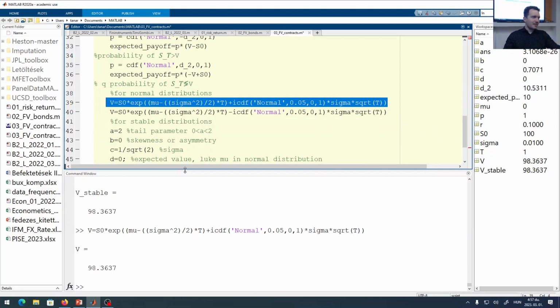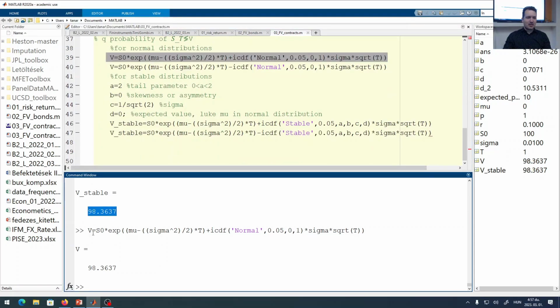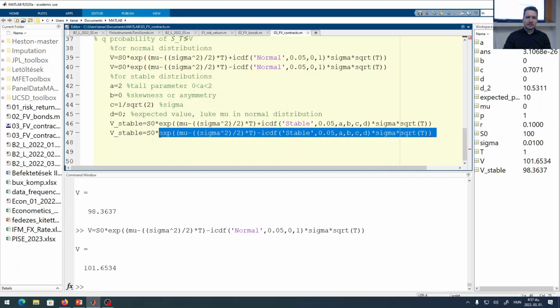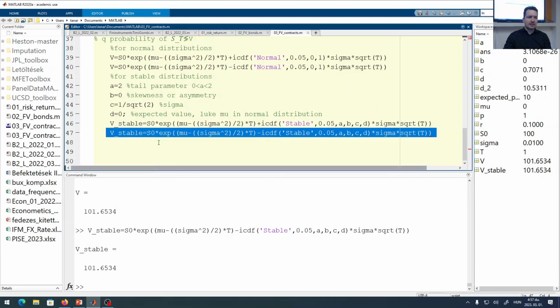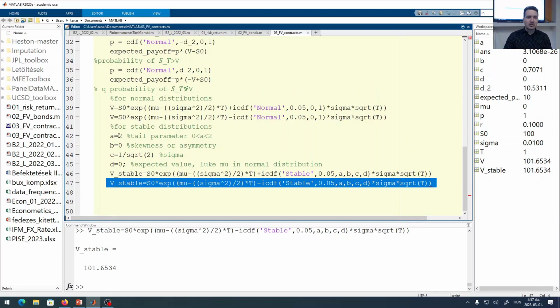So as you can see, it's working. We built something which is working, so I'm proud of it. So this is the stable V, and this is the normal distribution V. If we are doing the same thing, we can say that this still works. So after that, let's start the torture.